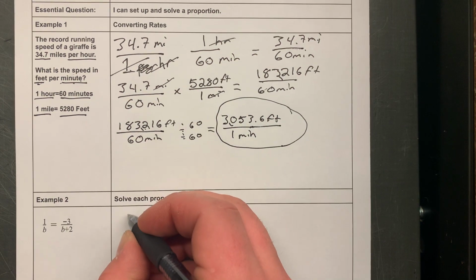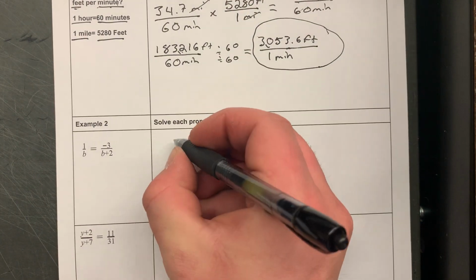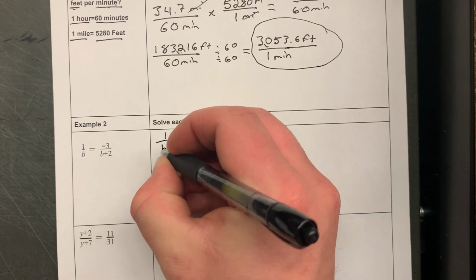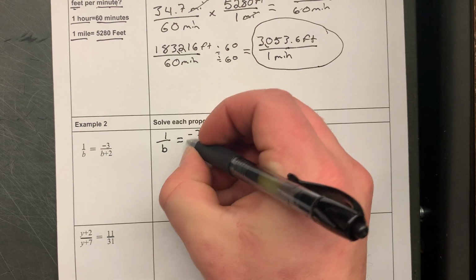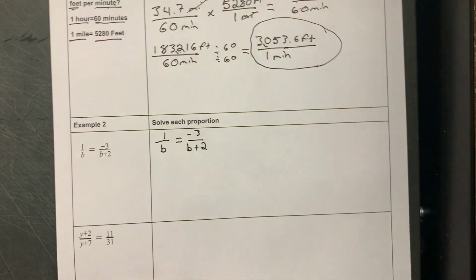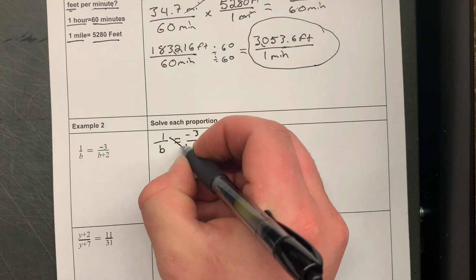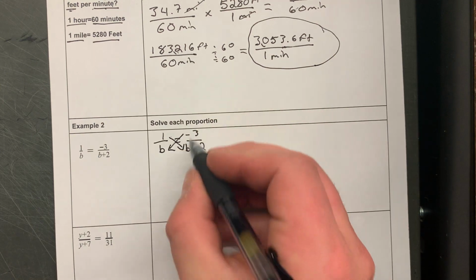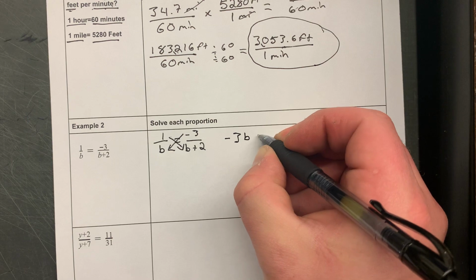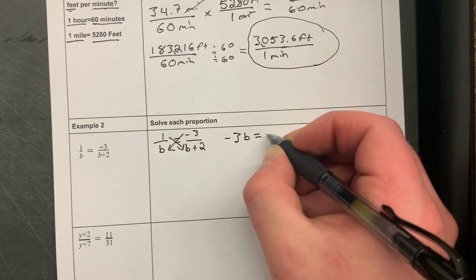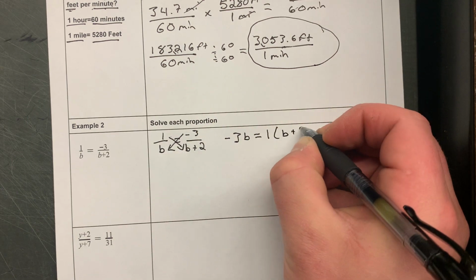Okay. Let's start off by rewriting this problem right here. I'm just going to rewrite it so I can show you what I am doing to the problem. Again, we're just cross multiplying on this. I multiply down, I multiply down. Negative 3 times b is just going to give me negative 3b is equal to 1 times b plus 2.